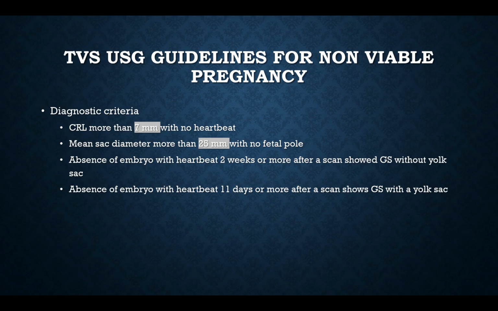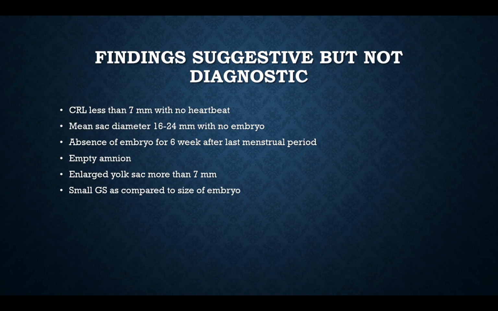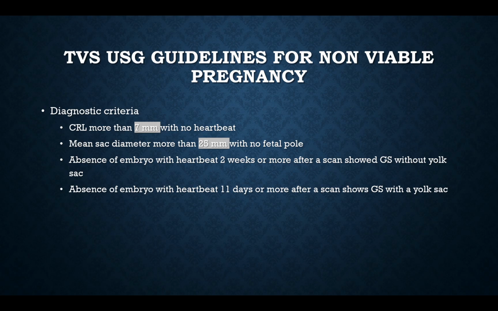Now, I told you in the initial slides that I will be talking about the guidelines on ultrasound in detail for non-viable pregnancy. There are some diagnostic criteria and there are some findings that are suggestive but not diagnostic. So one by one I will be telling you. Diagnostic criteria: when the crown rump length is more than 7 millimeter and cardiac activity is absent.